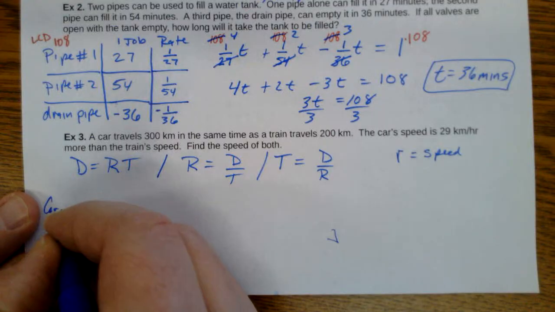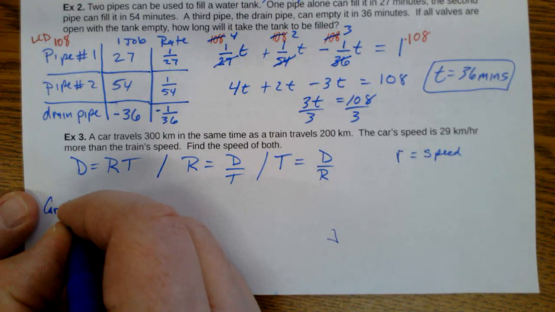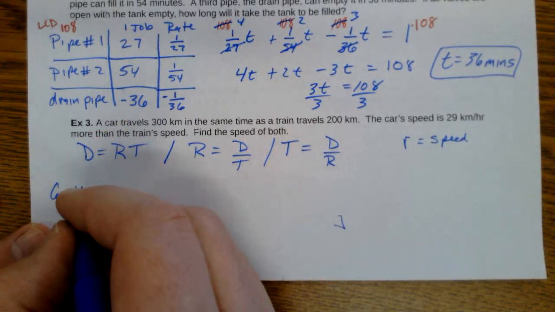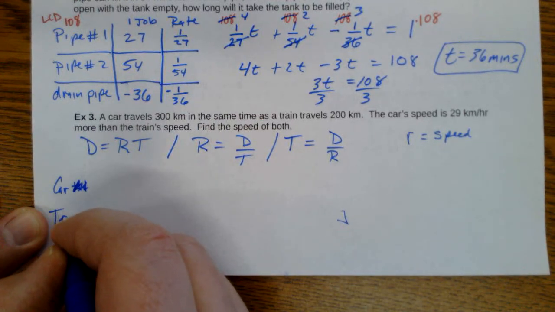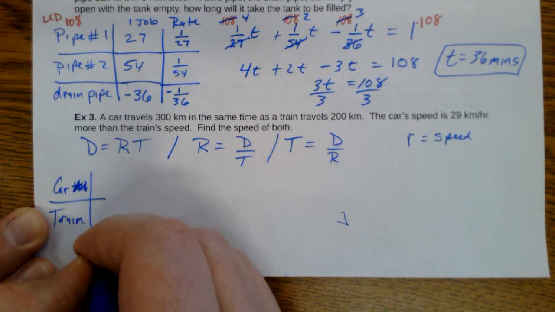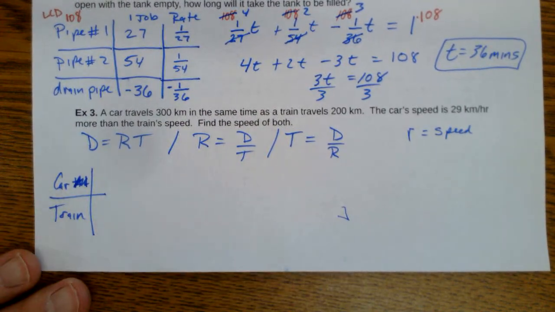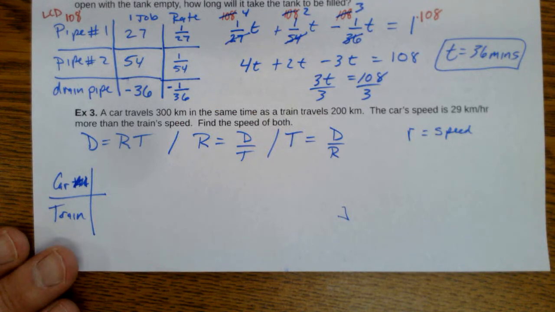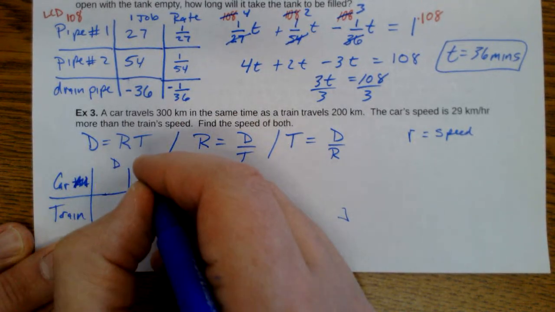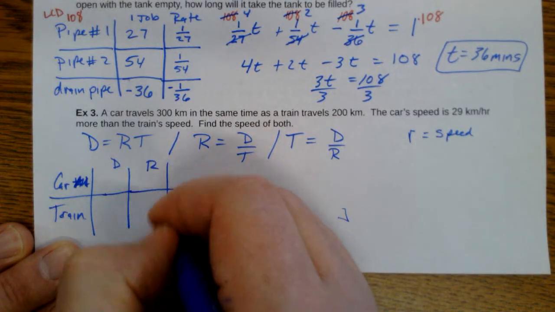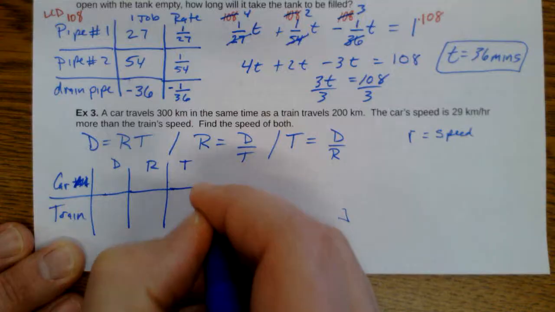So here we go. I'm going to make a little table just to help organize. I've got the car. I guess we don't need number one. And we got the train. If we have multiple cars, we do car one, car two. We just have two vehicles, car and train. We have their distances. We have their rates. And we have their times.